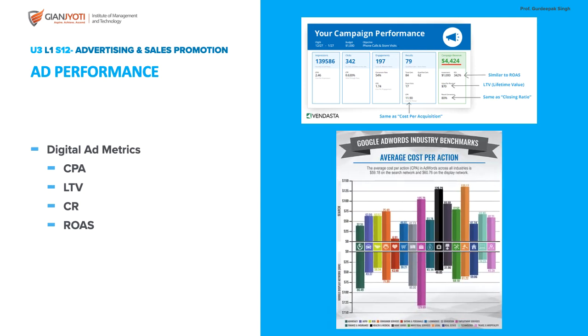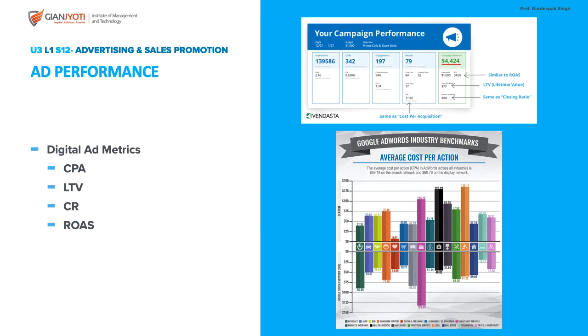Now for Google AdWords, they have given average cost per action. So the action could be during the search on their search engine, or it is the display network where you are displaying the ad on the Google platform.